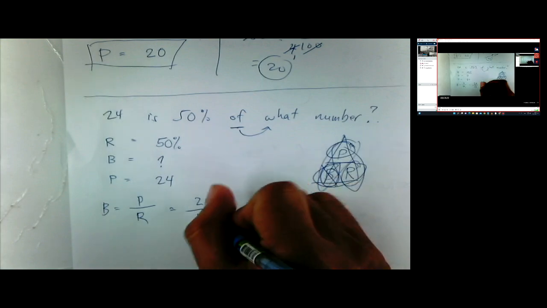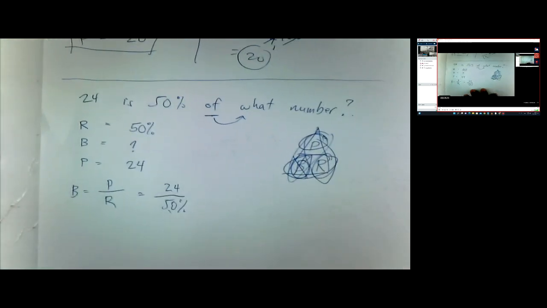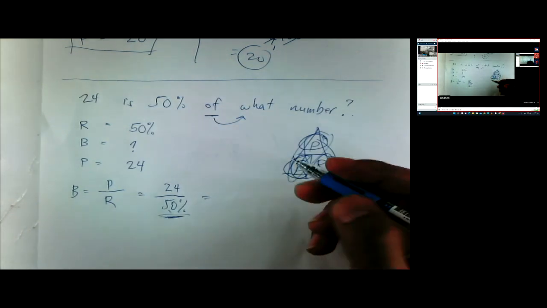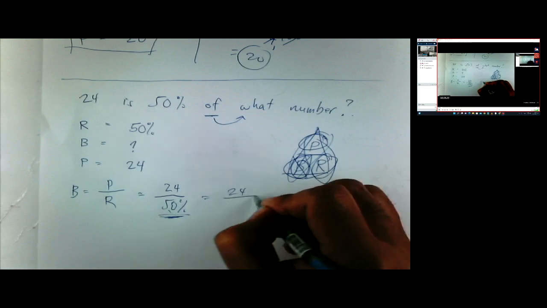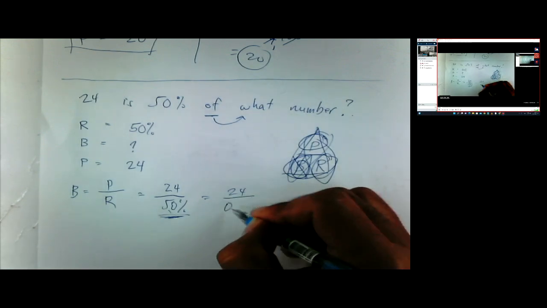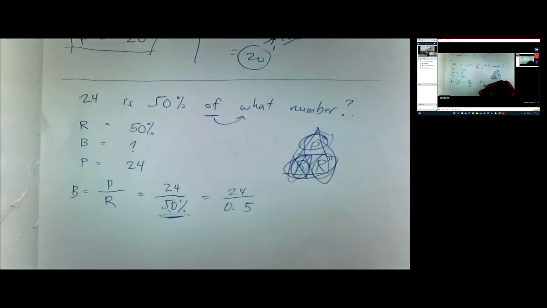But remember everyone, since the rate is in percent form, we need to convert this into a fraction or decimal. But let's convert this into decimal. What is 50% in decimal? 0.50 or 0.5, right?